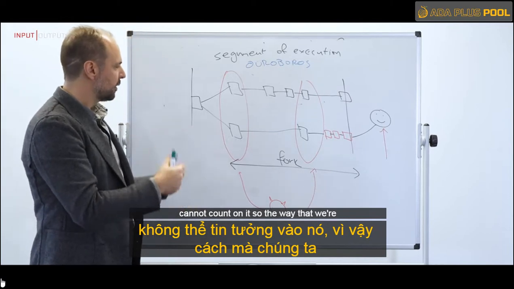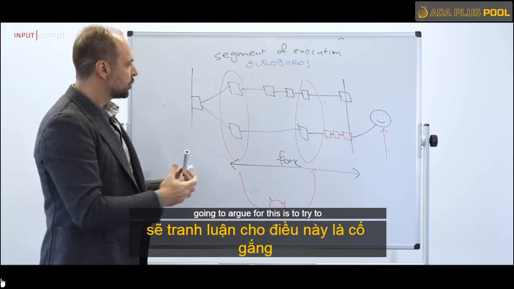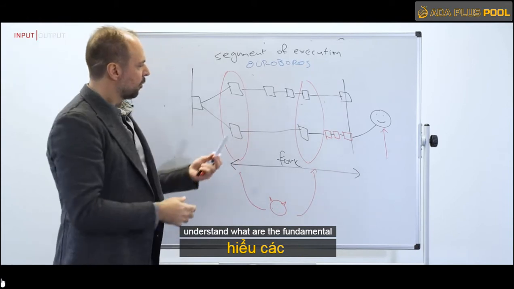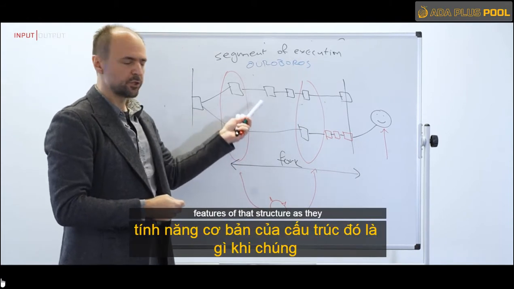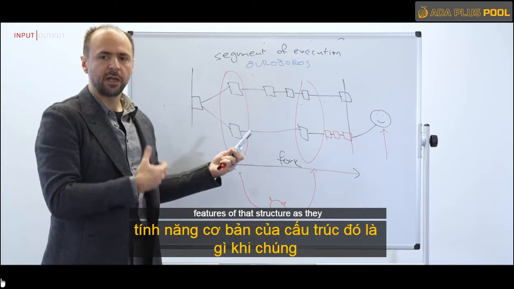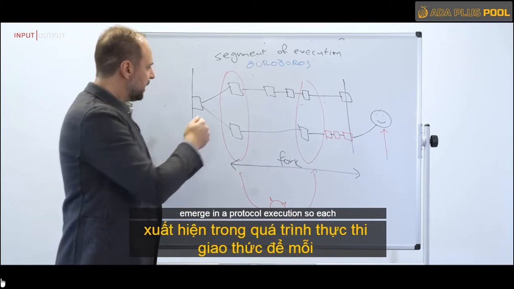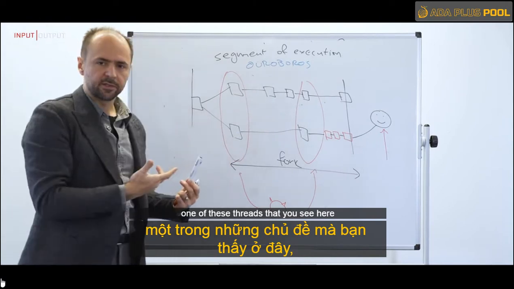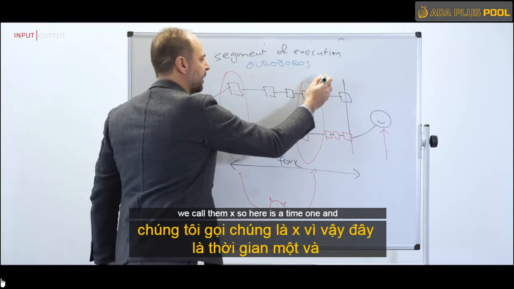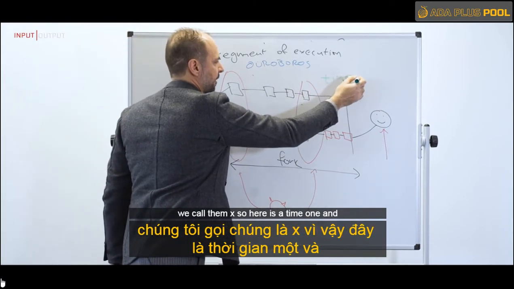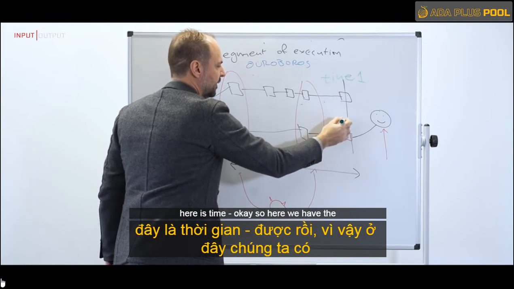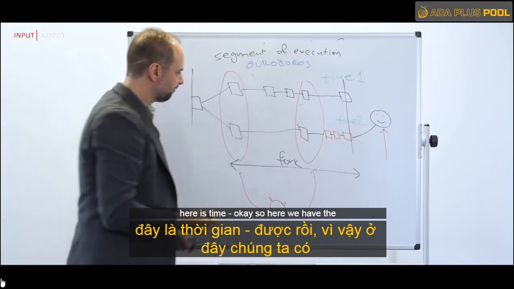The way that we're going to argue for this is to try to understand the fundamental features of that structure as they emerge in a protocol execution. Each one of these threads that you see here, we call them tines. So here is tine 1 and here is tine 2.